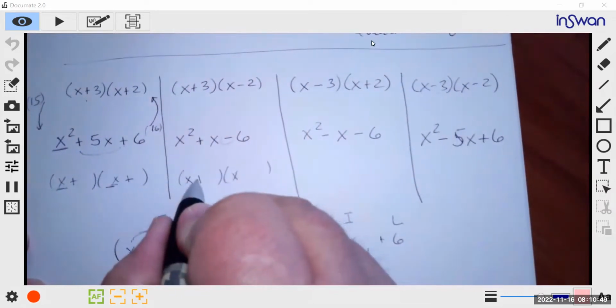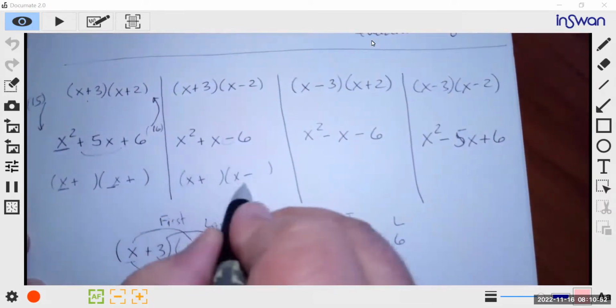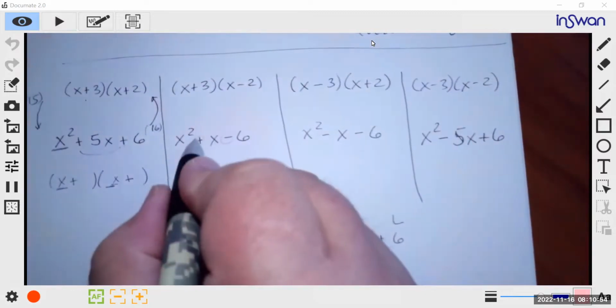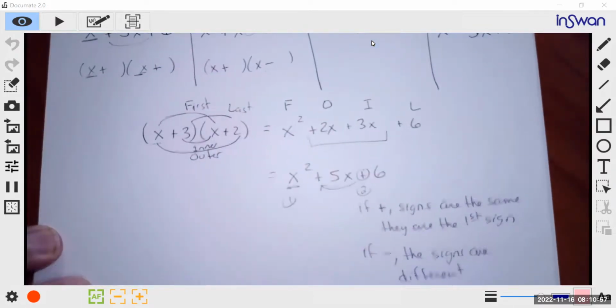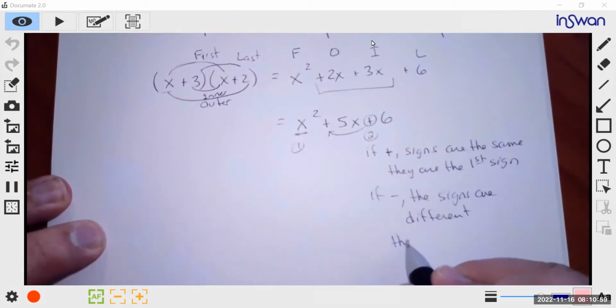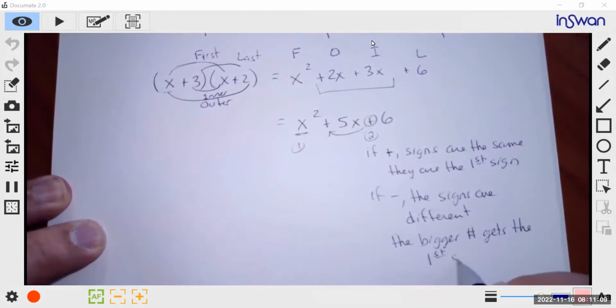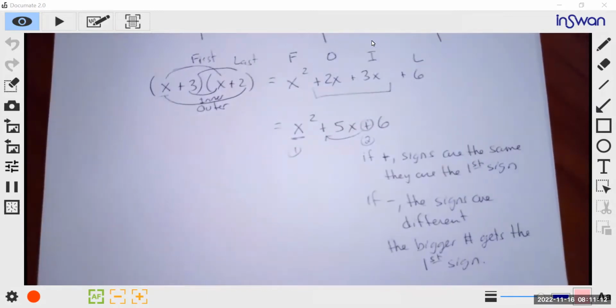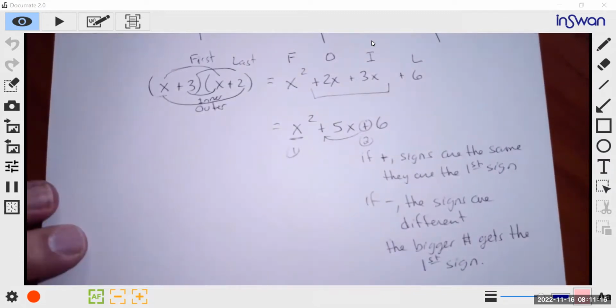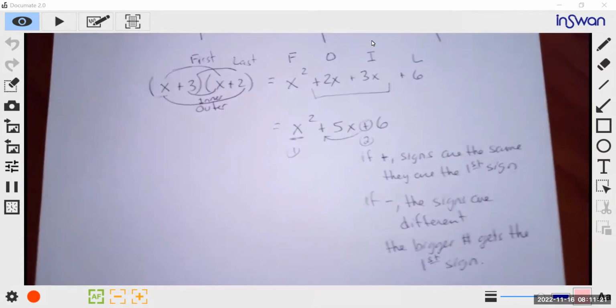So if the second sign's a minus, then we have one positive and one negative. Once we figure out what numbers we have, the bigger number gets whatever the first sign is. All of that has been done without any mathematics. It's just observation.